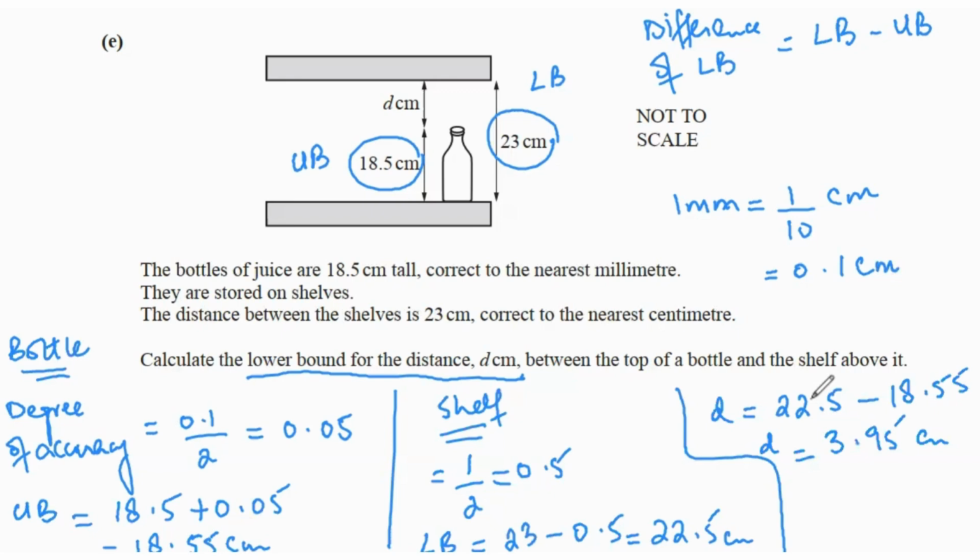And that gives us the least value, which is exactly what we did over here. We started with finding the degree of accuracy, then we divide the degree of accuracy by 2 for both the shelf and the bottle. Find the relevant information, whether it's the upper bound or lower bound, and then use that to find the lower bound for the distance, the centimeters.